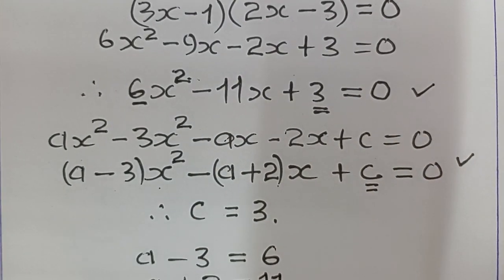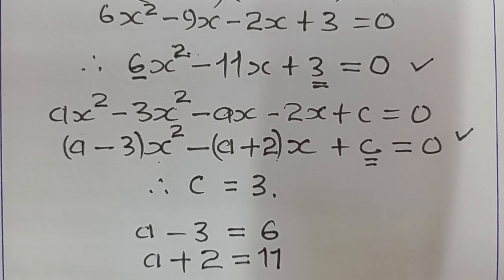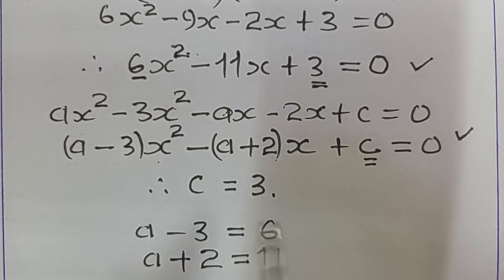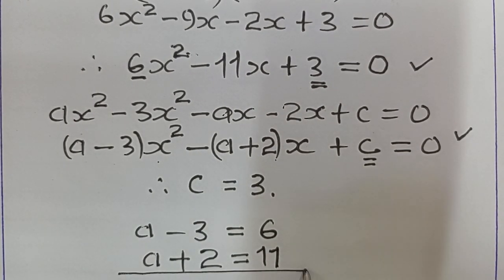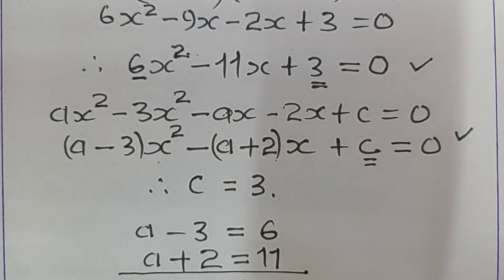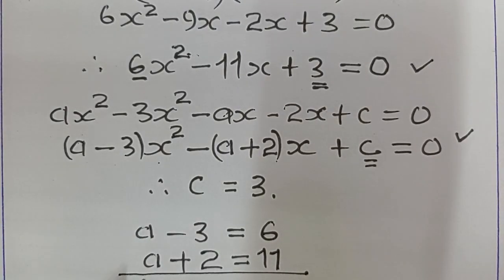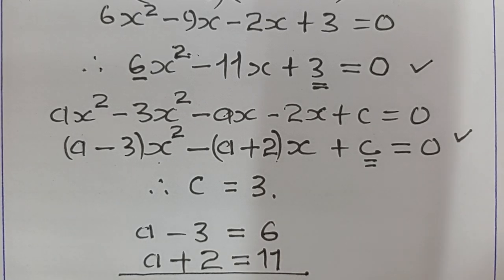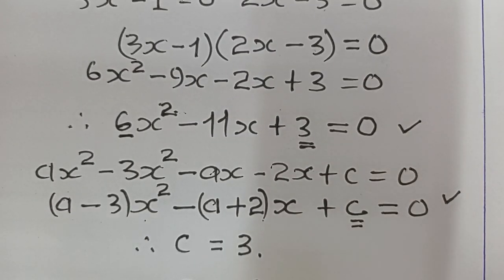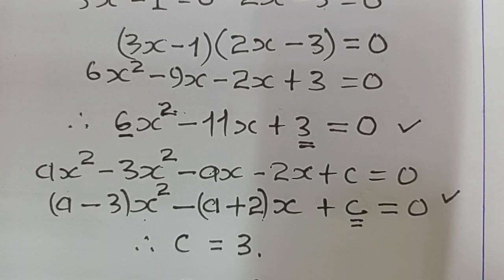Guys, now we solve that simultaneous equation. As you can see, the a is the same, so we can subtract. We can actually add, because actually we don't even need the two equations. We just need to solve one of them.